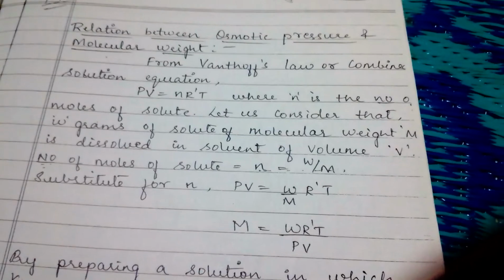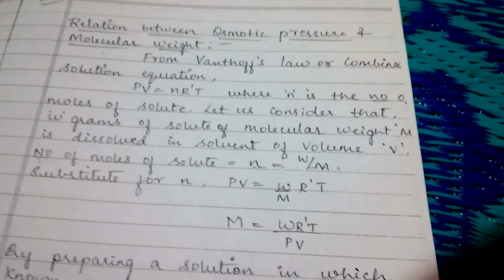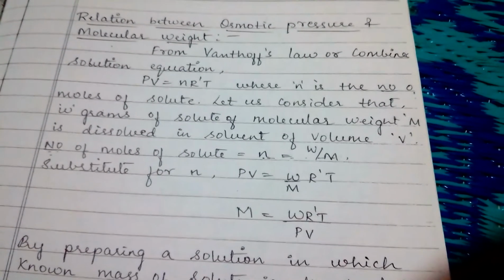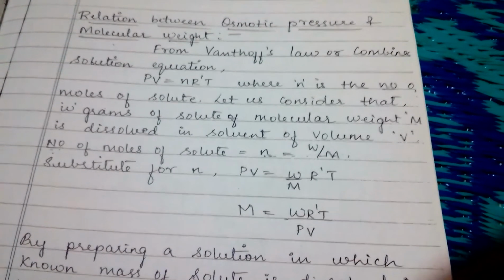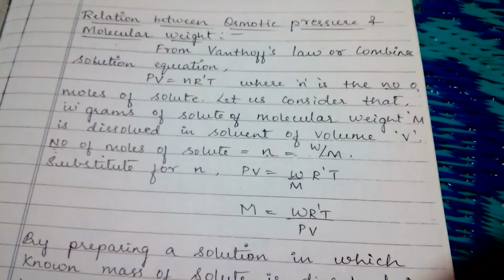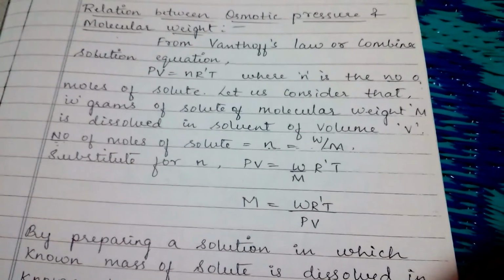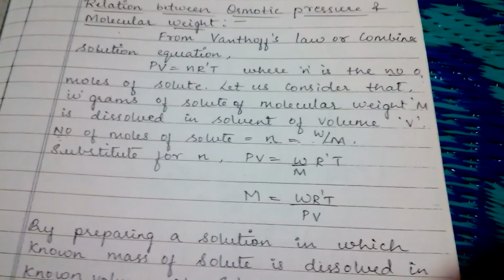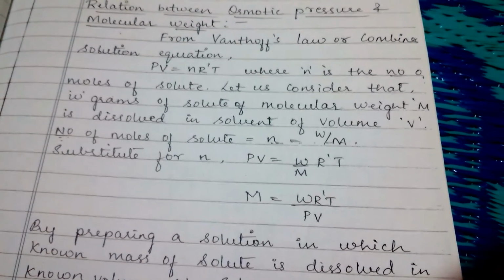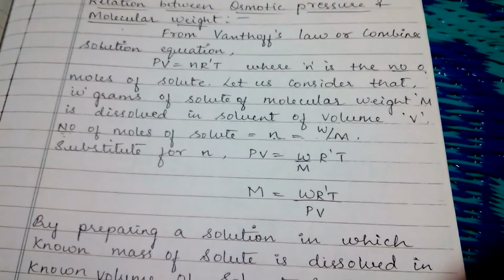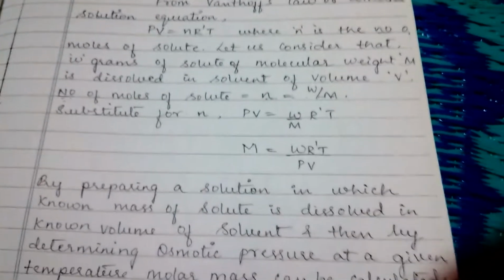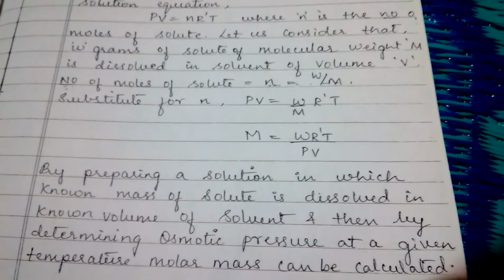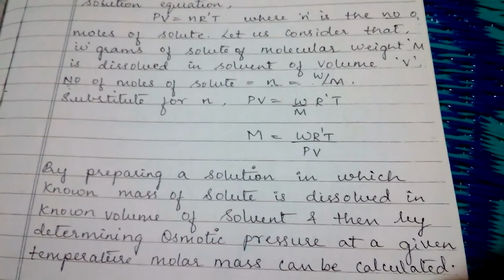Now let us discuss the relationship between osmotic pressure and molecular weight. From the Van 't Hoff law or combined solution equation, PV is equal to nRT, where n is the number of moles of solute. Let us consider that W grams of solute of molecular weight M is dissolved in solvent of volume V. The number of moles of solute is n is equal to W by M. Substituting for n, PV is equal to W by M times RT, where M is equal to WRT by PV.